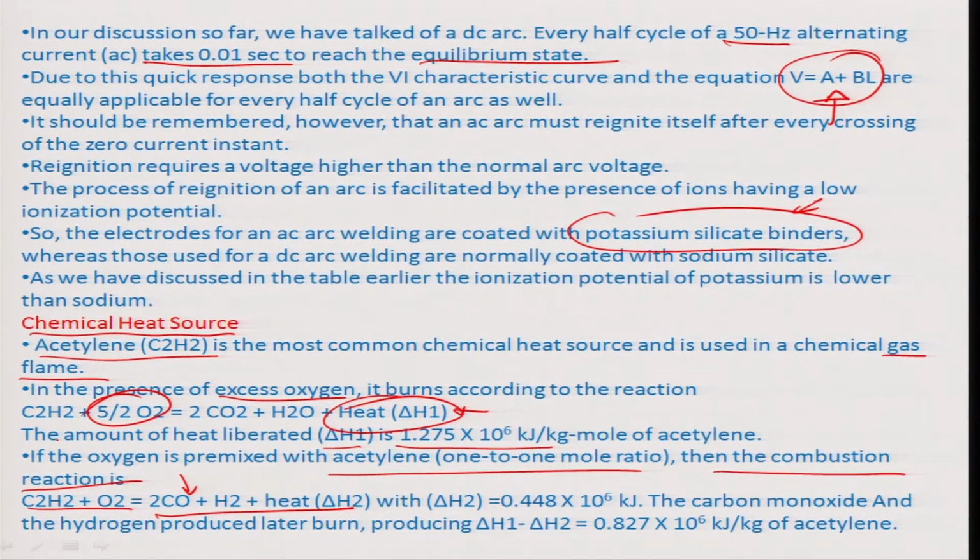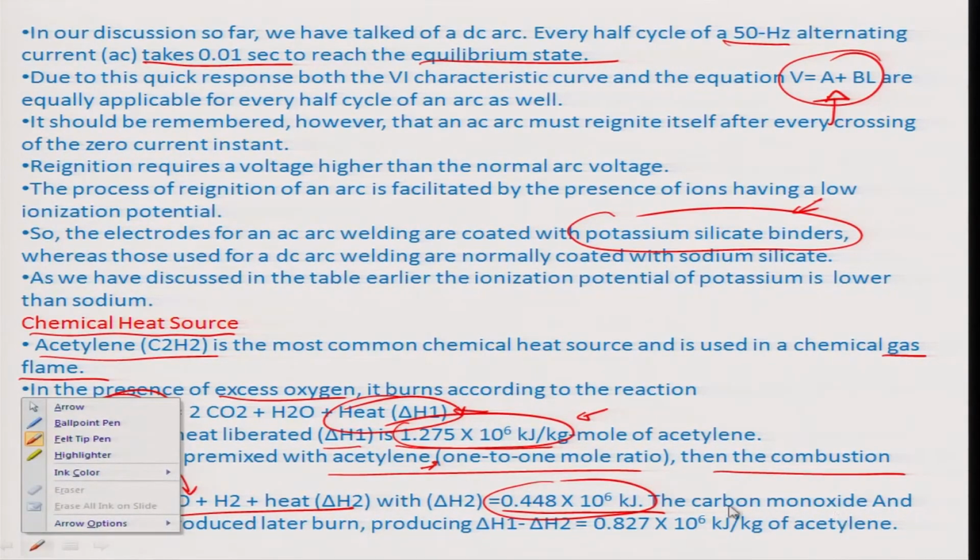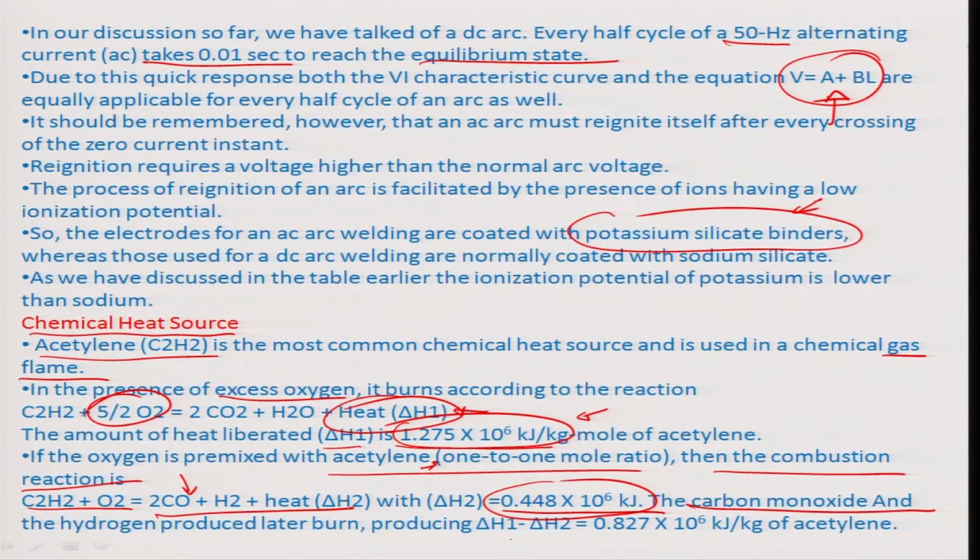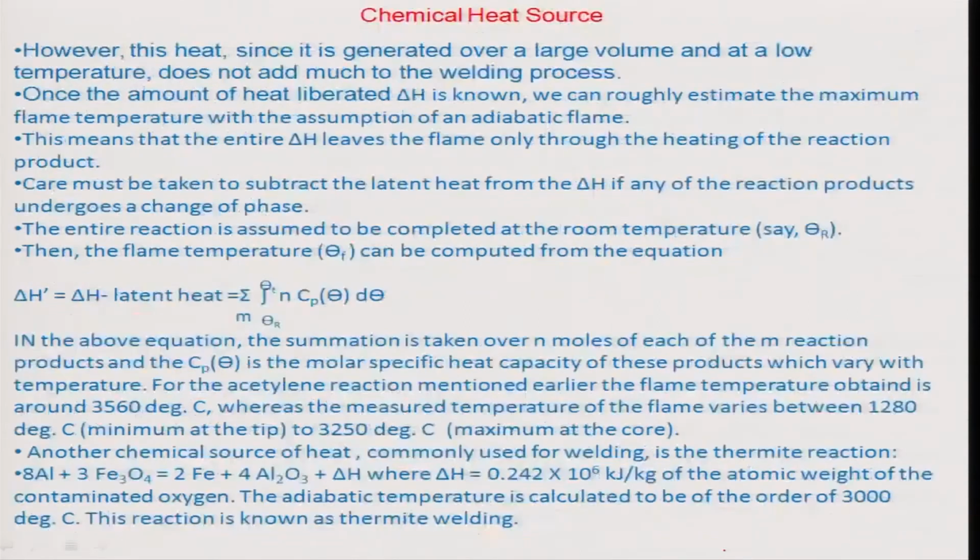So, in premixed cases, the H2 that is generated here is comparatively lower than in the case of excess oxygen, and the carbon monoxide and hydrogen produced later burn out again in a second step to produce about 0.827 into 10 to the power of 6 kilojoule per kg of acetylene.